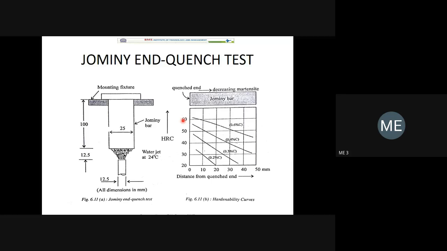So for the same specimen, if you find the hardness by Rockwell, Brinell, as well as Vickers, the hardness number will differ. That's why whenever you specify the hardness number, you have to specify which hardness test you are using. HR means Rockwell hardness. BR means Brinell hardness testing. VR means Vickers hardness testing.